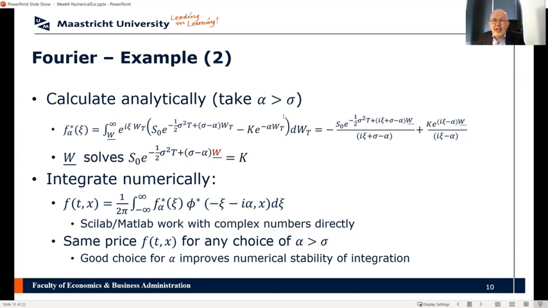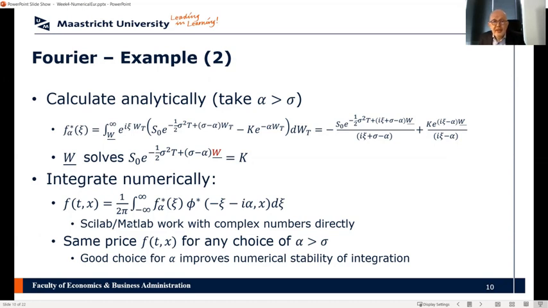This is the Fourier transform of this tilted option payoff. And I can now compute the option price as 1/2 pi times the integral of f alpha star as a function of xi times my characteristic function phi star as a function of xi. And if I integrate over all values of xi, this will give me the correct option value.